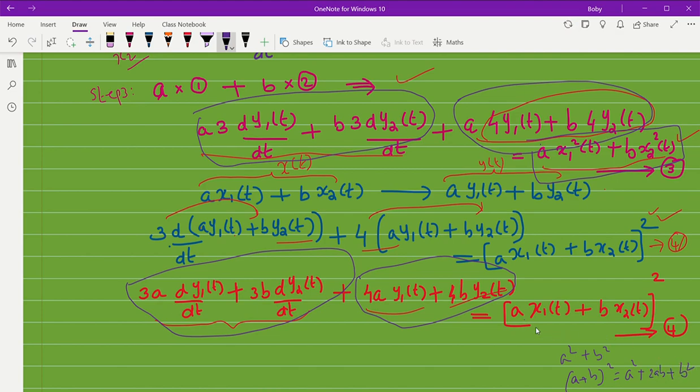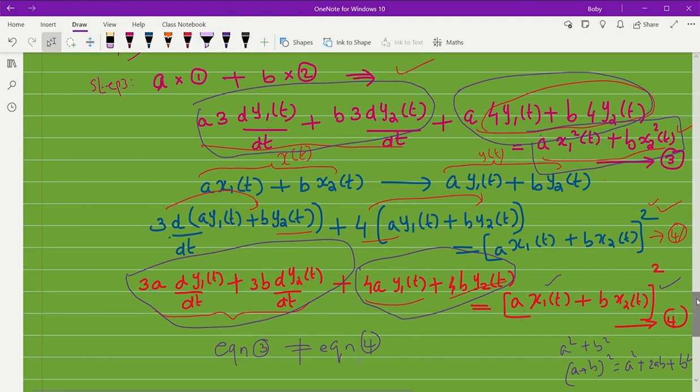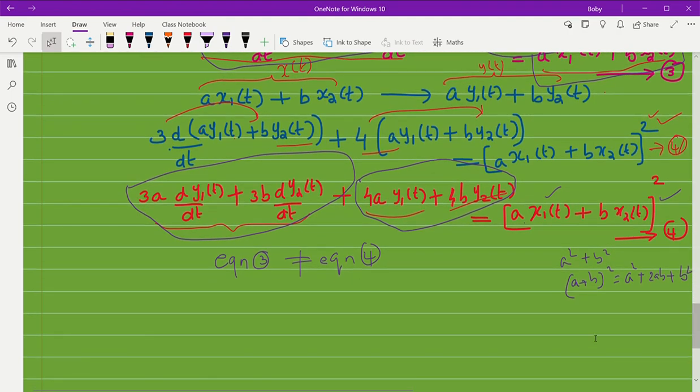So this is also in the form of a plus b the whole square. So it has to be expanded into three terms: a squared x1 squared, b squared x2 squared, plus 2ab x1(t) into x2(t). But here, in equation number 3 there are only two terms. So what we understand here is that equation number 3 is not equal to equation number 4. That is, the weighted sum of inputs does not give the weighted sum of outputs here. The weighted sum of inputs is not equal to the weighted sum of outputs.